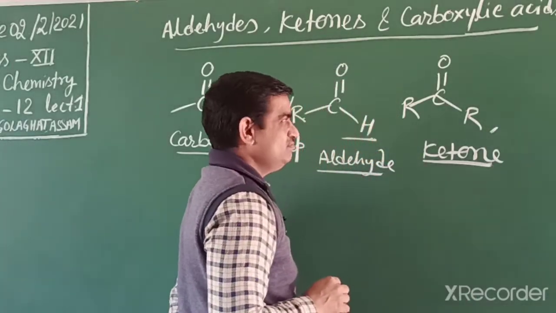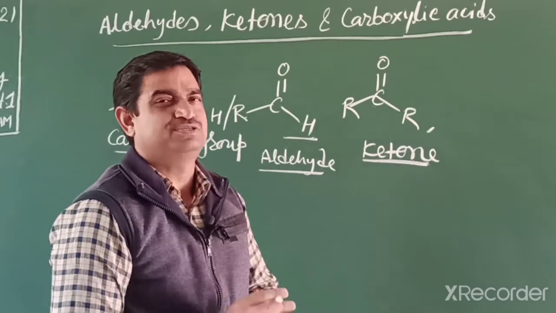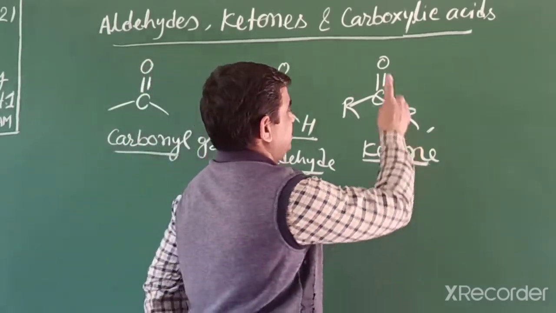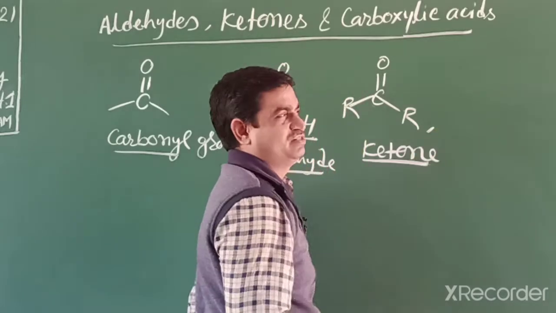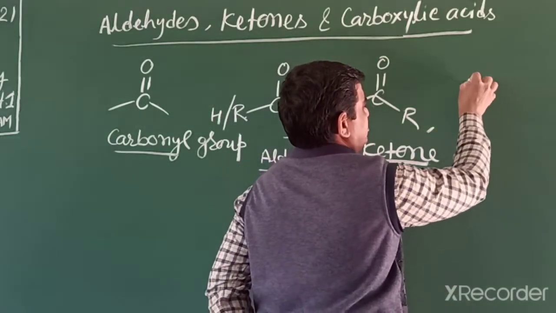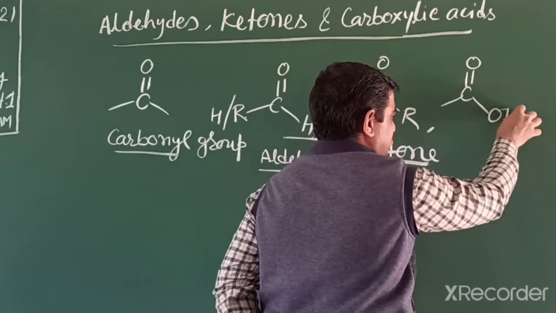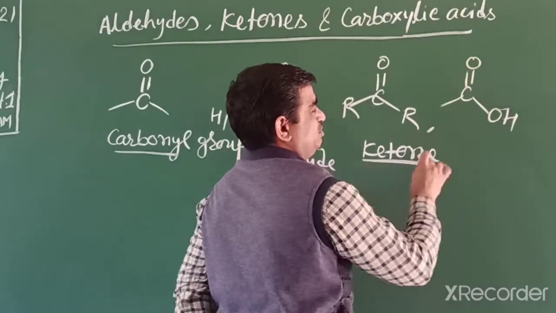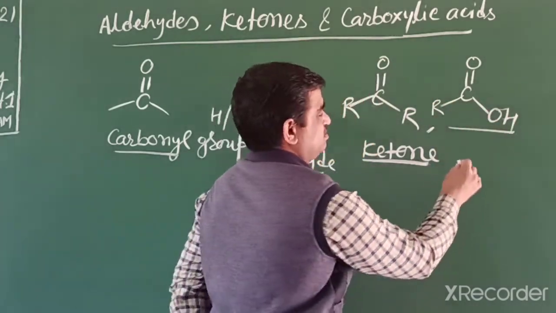Further, if this carbonyl group is attached to another oxygen atom, then the group is converted into a carboxylic acid or its derivative. If this carbonyl group is attached to an OH group, a hydroxyl group, that is known as a carboxylic acid.